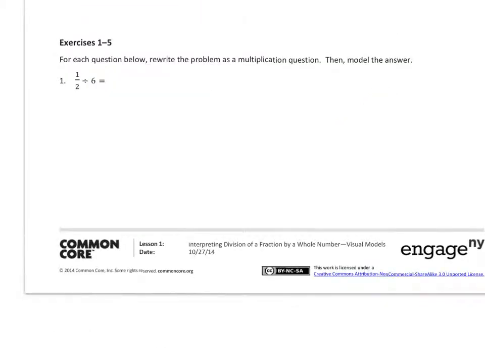Before I turn you loose on the exercise, I want to give you a few hints. So 1/2 divided by 6 could be written as multiplication questions a couple different ways. So when we're dividing 1/2 into 6, we're basically asking, what is 1/6 of 1/2? If I had half a pie and I divided it into 6 pieces, what fraction of the pie is each person getting?